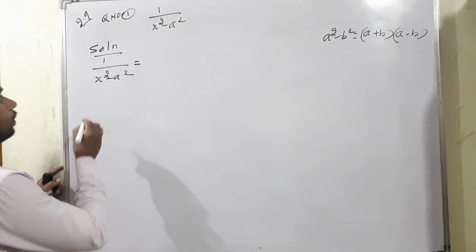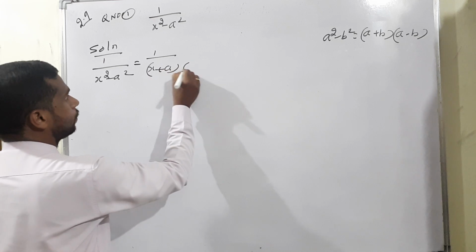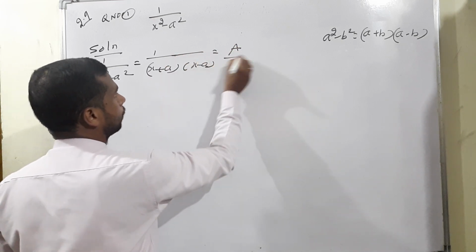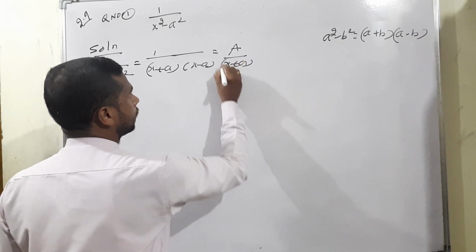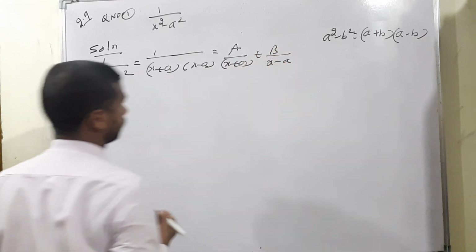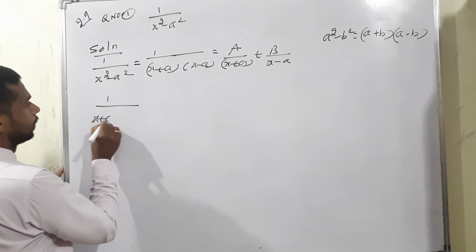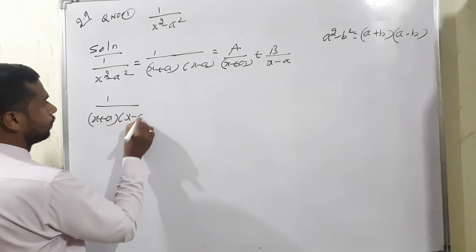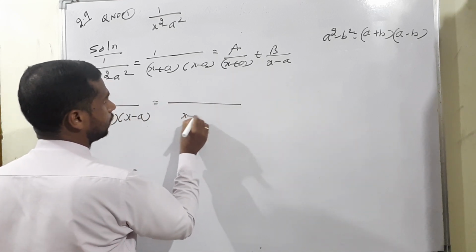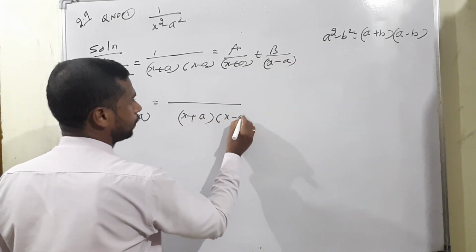Therefore, 1 by x plus a into x minus a. These are different factors, so we can apply A by x plus a, then plus B by x minus a. Therefore, 1 by x plus a into x minus a is equal to the common factor x plus a into x minus a.